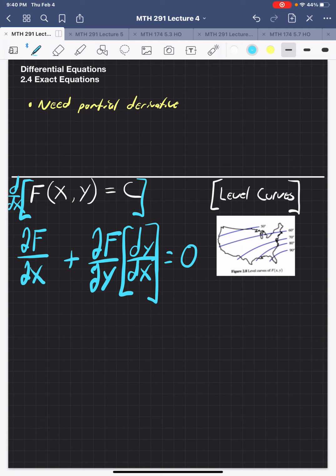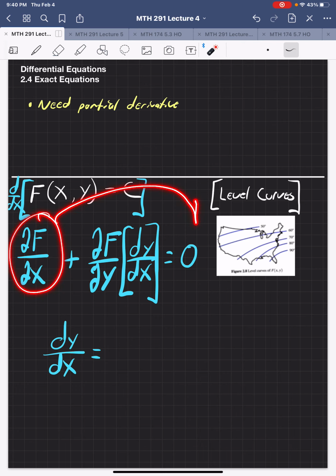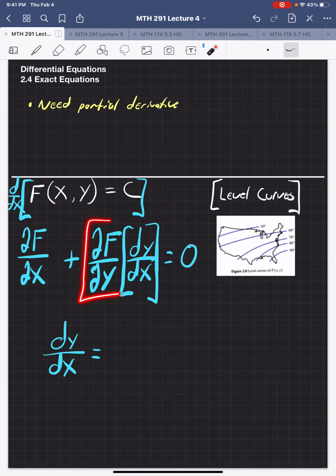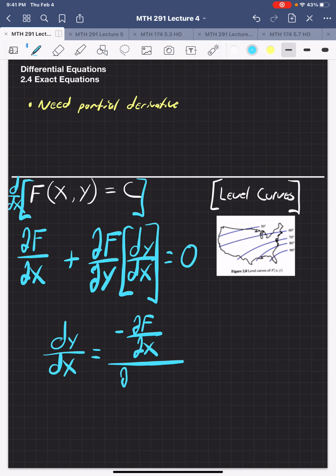Now what we're going to do at this point is just solve for dy/dx. I'll do this in one swoop. I'm going to grab this term, bring it to the right side so that it becomes negative, and then divide both sides by the following term. So dy/dx is equal to negative the partial of f with respect to x divided by the partial of f with respect to y.